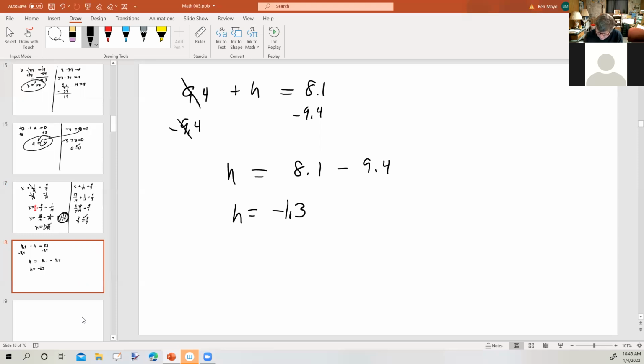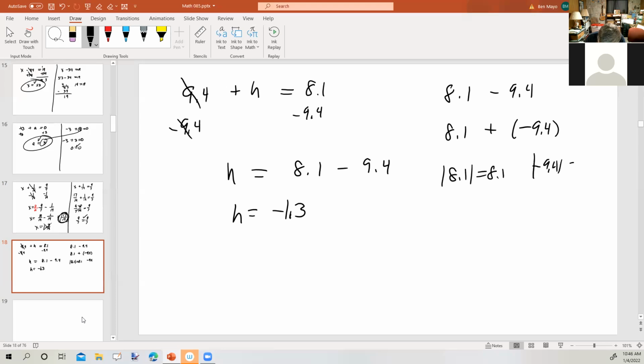Doing it without the calculator, we go through this process. Subtracting a number is like adding its opposite. Adding two numbers with different signs, you subtract the smaller absolute value from the larger. The absolute value of 8.1 is 8.1. The absolute value of negative 9.4 is 9.4.